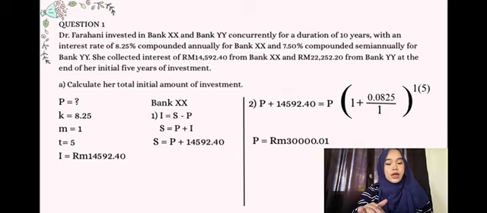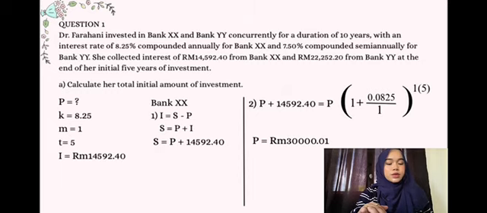I will explain how to calculate the total initial amount of investment using the compound interest formula. First, we are given the interest rate K is 8.25%. Interest is compounded once a year, so M equals 1.